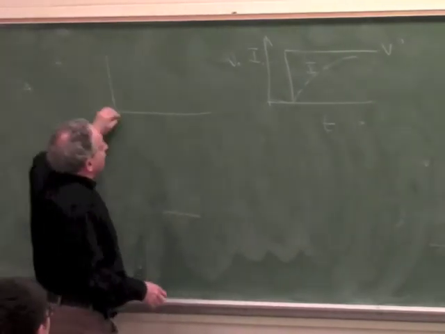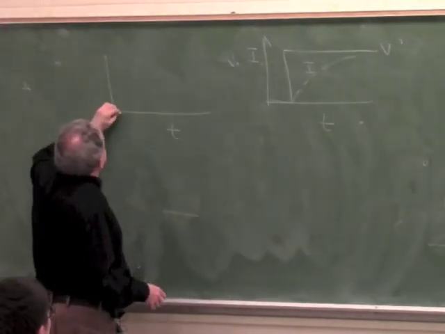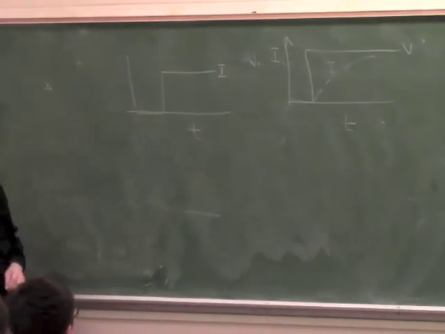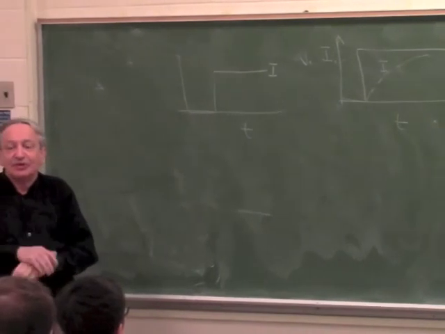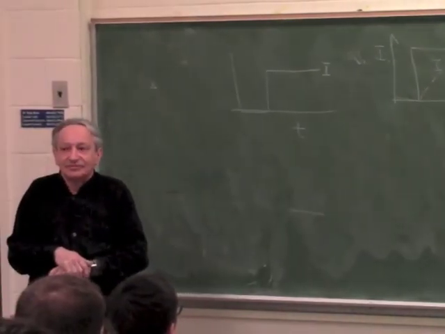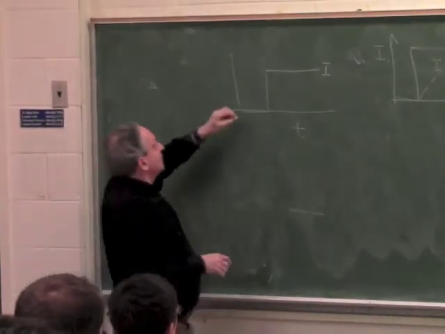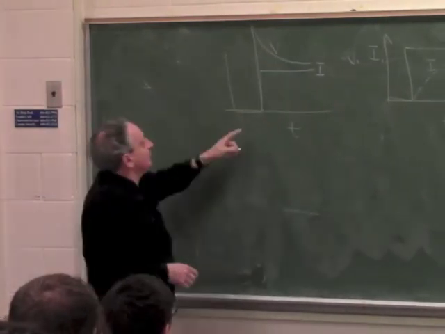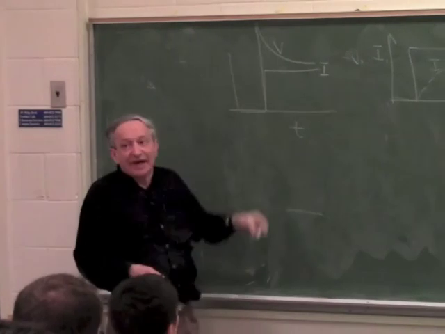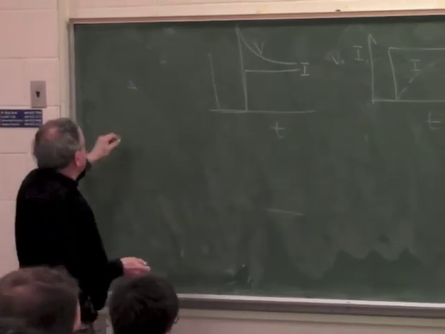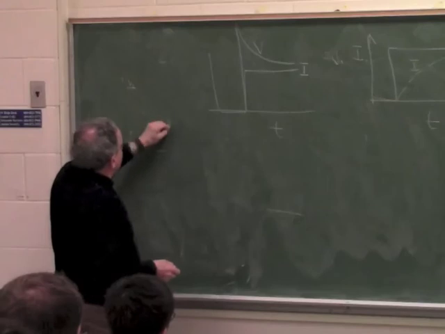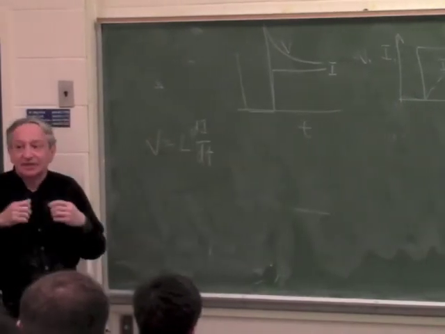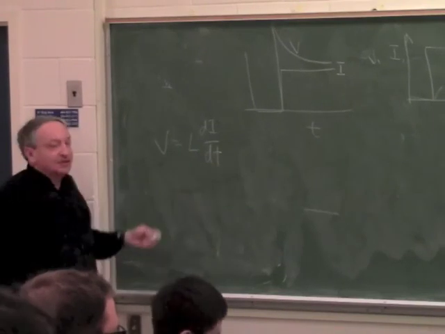You can force a constant current, force I to jump up right away, and then what will V look like? Theoretically, it will have to go to infinity and come down. Because theoretically, if you want to change the current from 0 to I, the voltage you need is L di/dt. And if you want to change di/dt instantly, you need an infinite voltage.